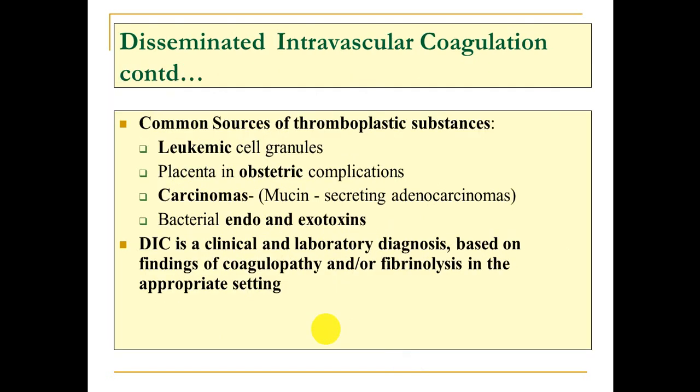In a DIC scenario, the patient usually presents with bleeding tendency and could have a thrombotic episode, depending on which system is activated more, and usually DIC is secondary to underlying pathology, and usually it is not primary. These are common sources of DIC, the etiology: leukemic cell, placenta, delivery, carcinoma, bacterial toxin.